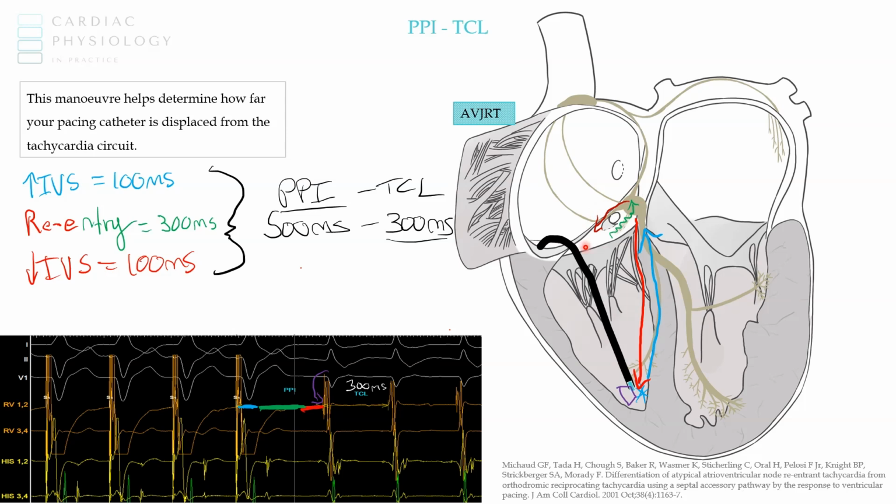And from removing the tachycardia circuit from this equation, what we're left with is simply how long it takes for the pacing stimulus to get to the circuit and come back again. That gives us some idea of how close the pacing catheter is to the circuit. It doesn't necessarily have to be from the RV apex. You could put your catheter right on top of the circuit and you would get a post-pacing interval minus tachycardia cycle length of 0 milliseconds.